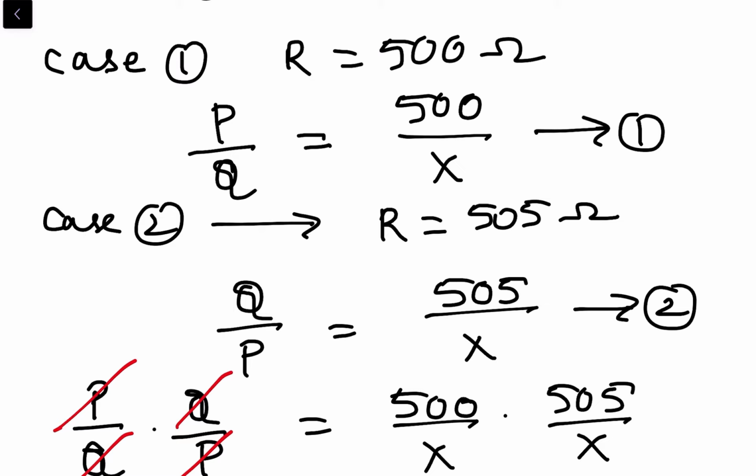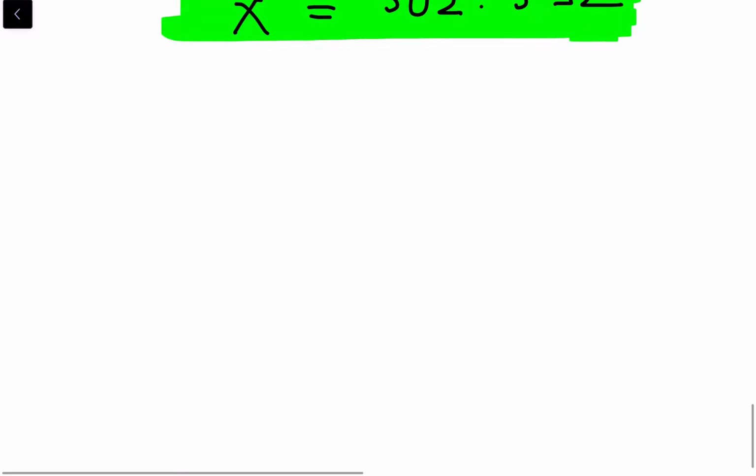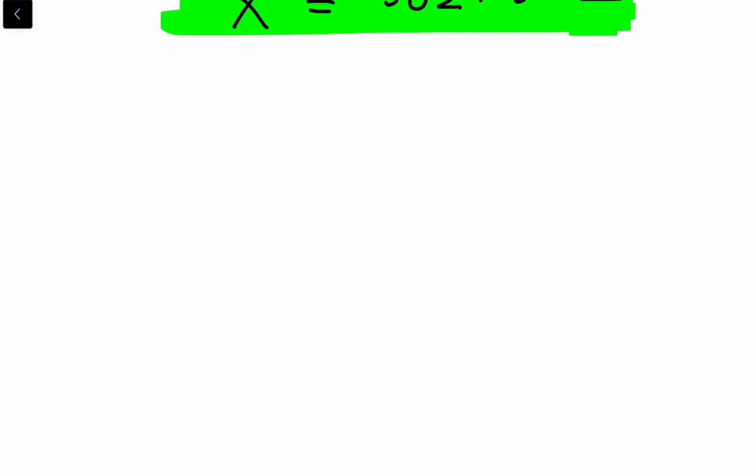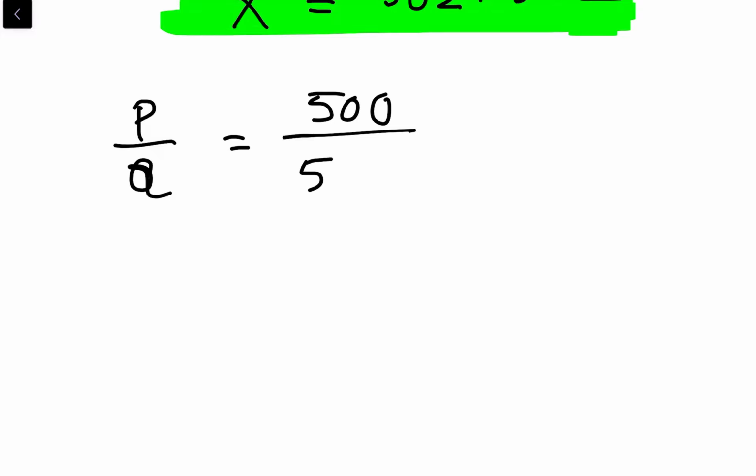Here you can see equation number 1. This is equation number 1: P by Q is equal to 500 by x. Let us take that only and substitute, that is P by Q is equal to 500 divided by x, which is 502.5, then it comes to around 1 by 1.005.